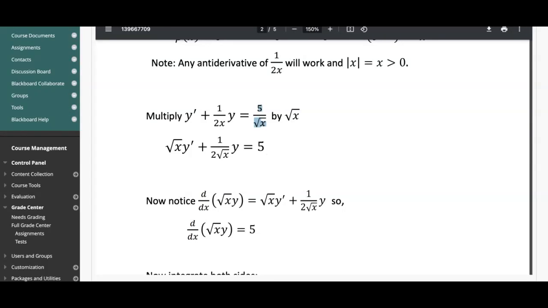For this equation, all the x and y go to the left hand side, so the right hand side only has the constant. Okay, when you multiply this term by the square root of x, what do you get? 5. Yeah. Okay, so I'm sorry, I don't get your question.